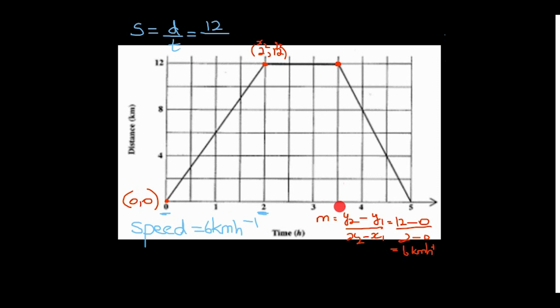And I will take a total of 30 minutes plus an hour, so that's 1.5 hours on my return journey. Just in case people didn't know what time to use, that is how you get it. The time to cover your return journey comes from how long it took to cover the 12 kilometers to go back home, so a total of 1.5 hours.